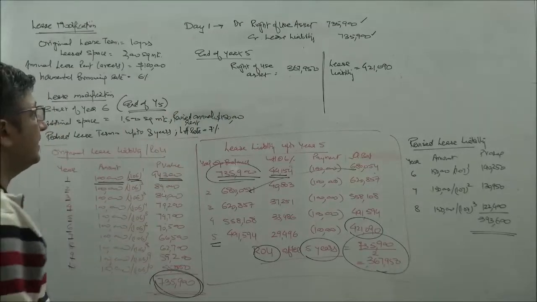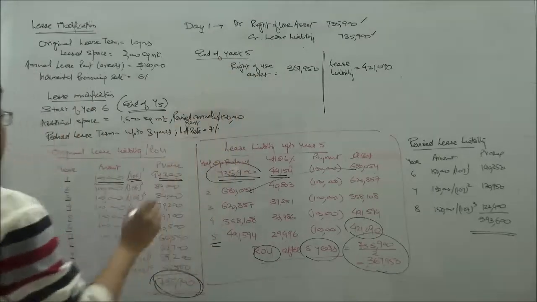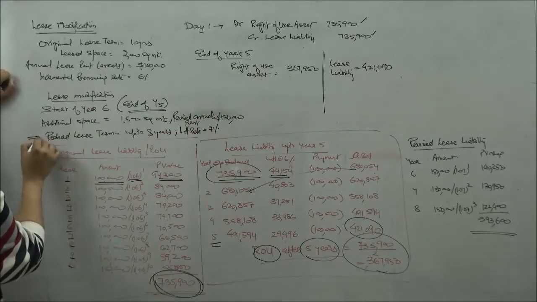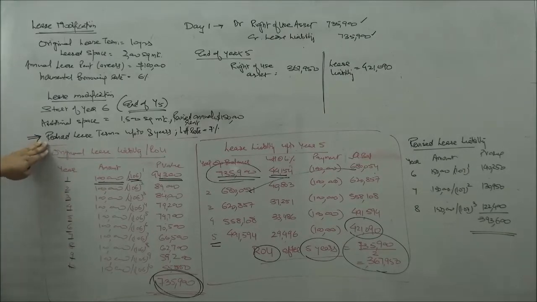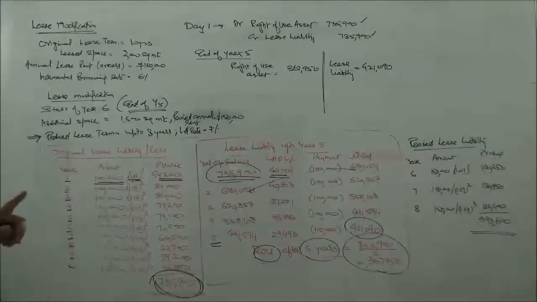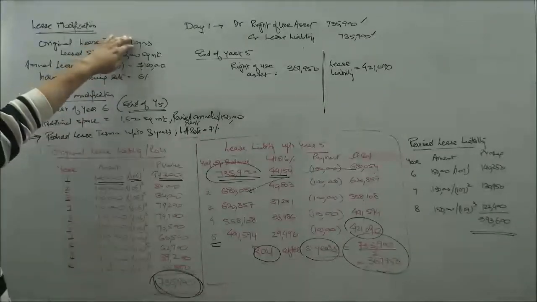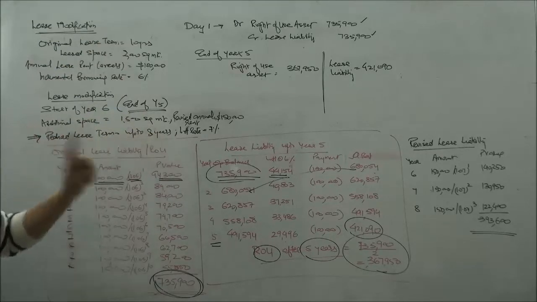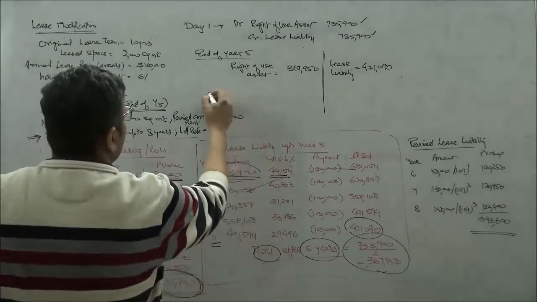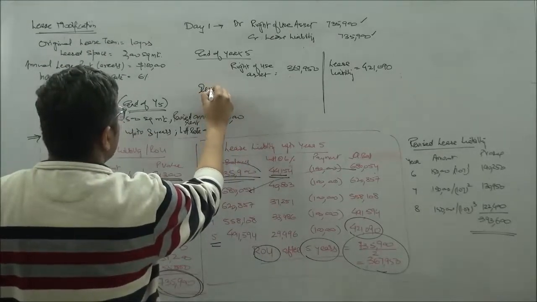At this point in time, I firstly look at what is my reduction in the scope. Okay, because that is where I would want to compare it. What is my incremental after that? The reduction in scope says that the lease is modified to change my original term of 10 years to 8 years.